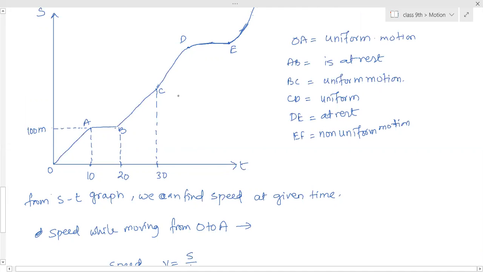B is at 100 meters, and C is at, suppose, 300 meters. When the object reached point C, it had covered 300 meters.